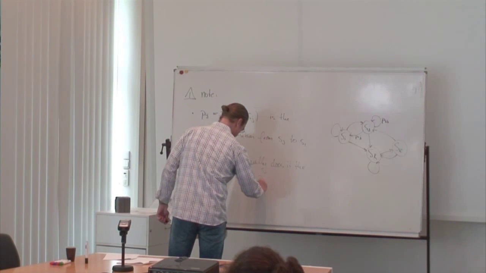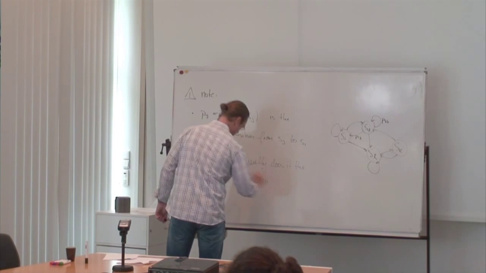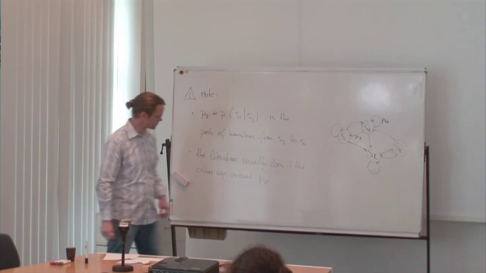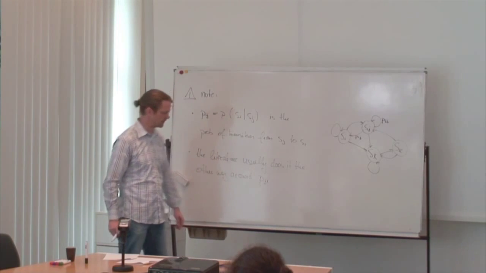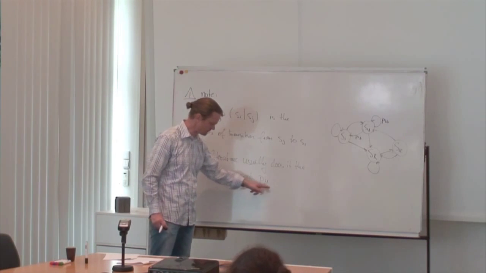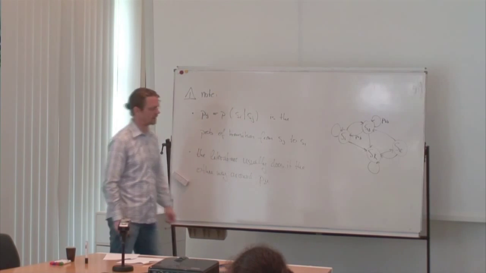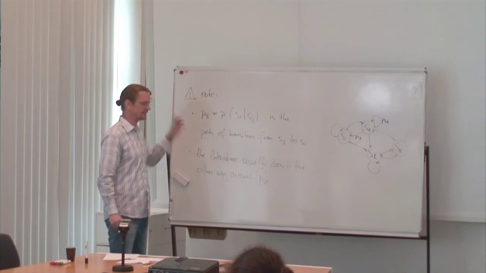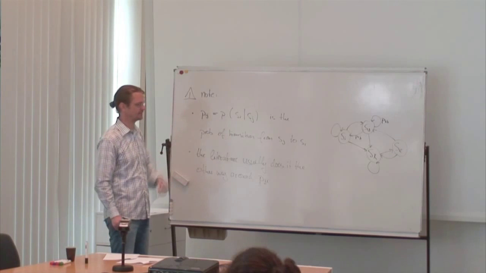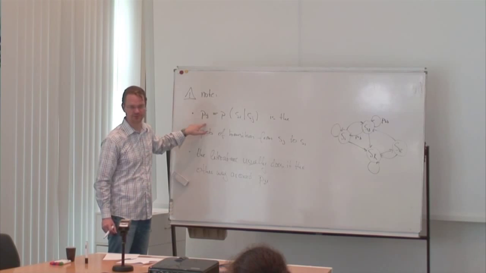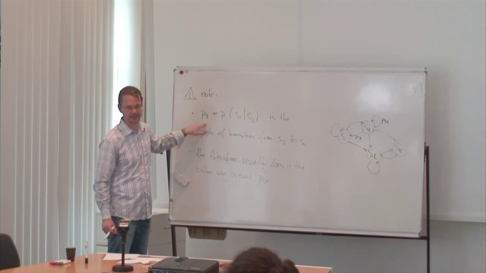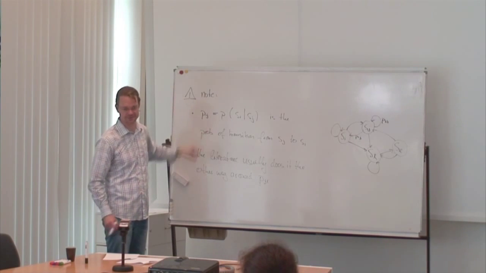That is Pji to indicate the probability of transiting from J to I. Right, so this is probably because this is written left to right. But I, third time, do it like this. Right, so you have to be aware of that. And I have a reason for doing this.